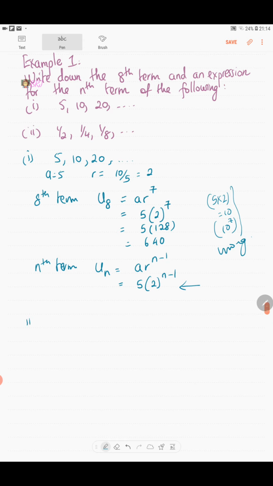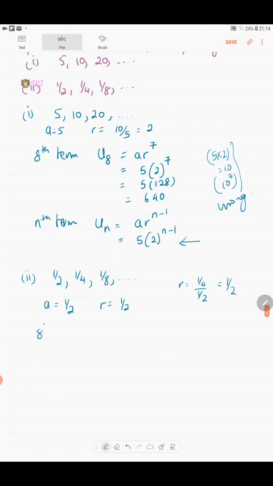The second one, we have 1/2, 1/4, 1/8. So again, this is a geometric progression with first term 1/2 and common ratio 1/2. 1/4 divided by 1/2, we obtain 1/2. So the eighth term u8 is equal to ar^7, that is 1/2 times (1/2)^7, which is 1/2 times 1/128.